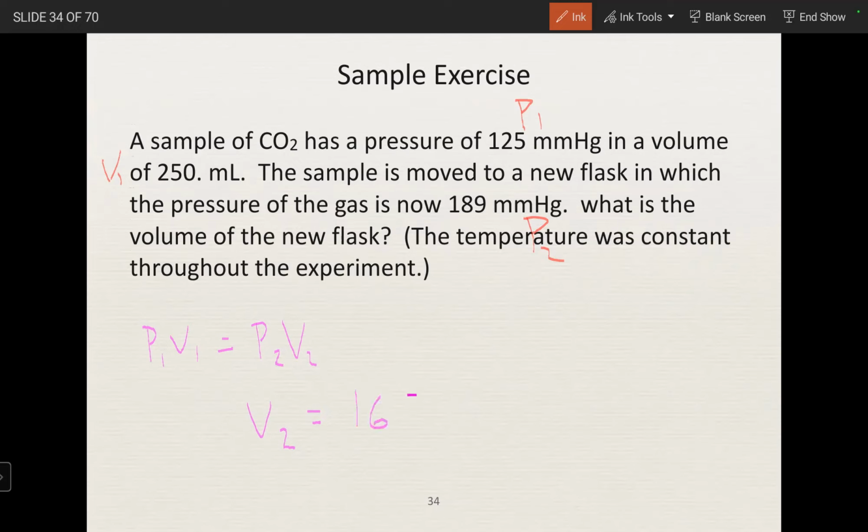So we want 3 sig figs, since all of those values have 3, because that 250 has the decimal afterwards, so that signifies that that 0 is also significant. If we didn't have that decimal, we would only have 2 there, so we'd round our answer a little bit differently. But in this case, since we've got 3, we're going to have a new volume of 165 milliliters there.